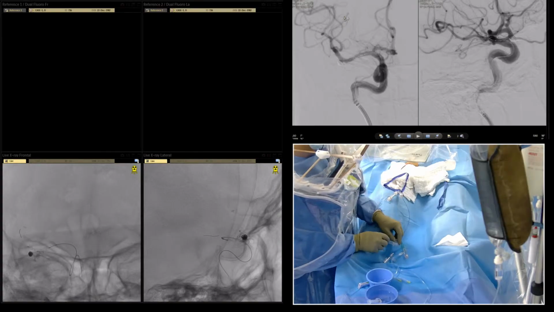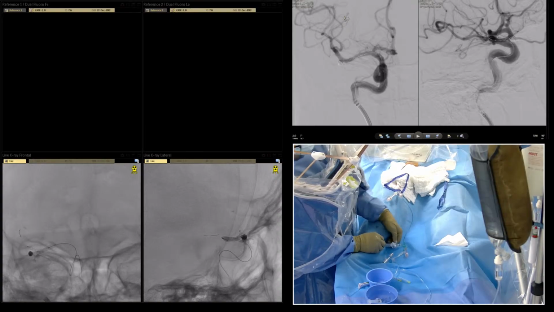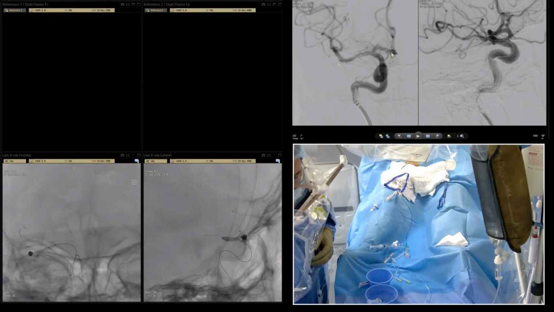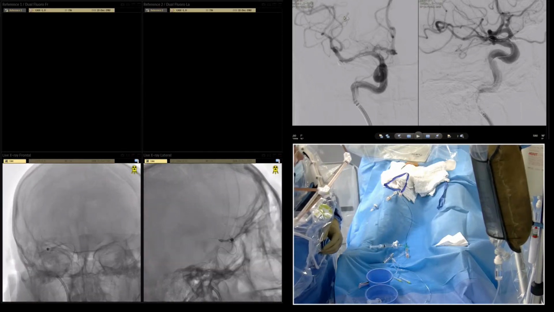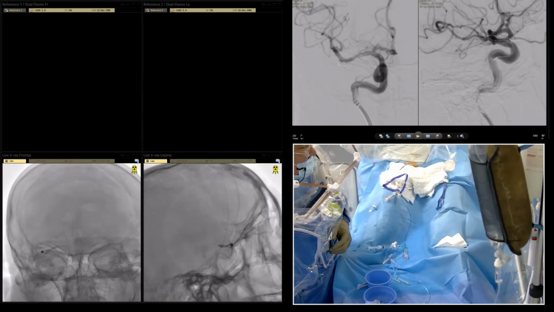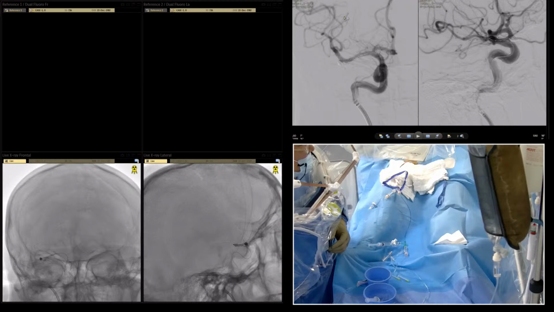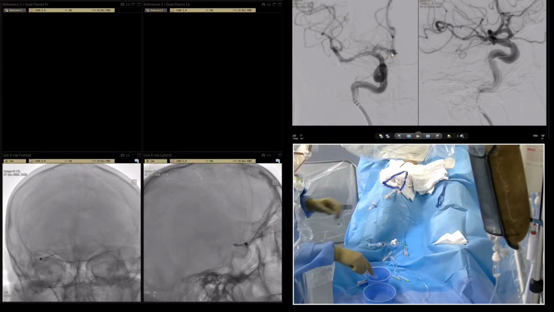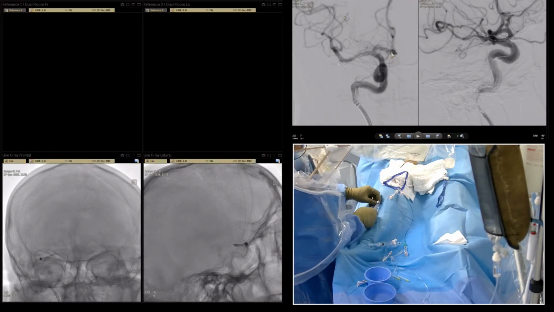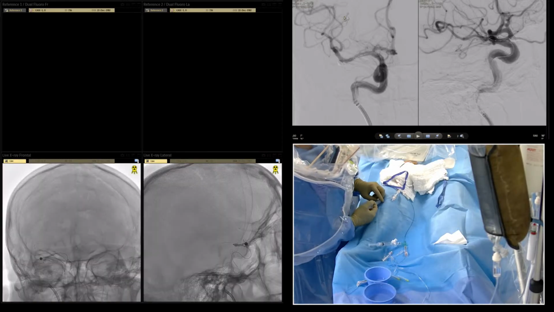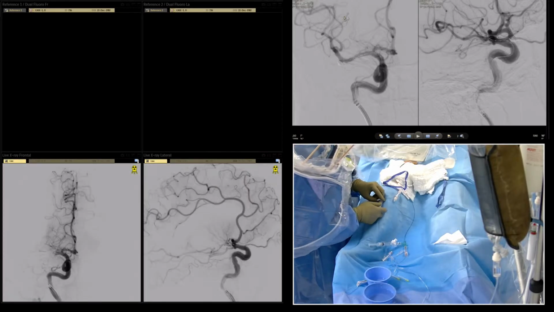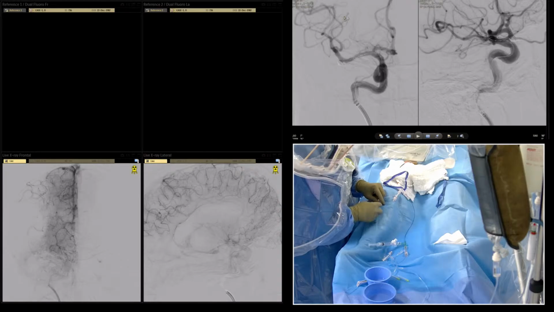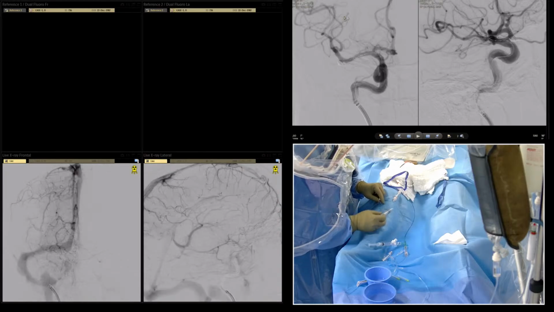Okay. At this point, we can do balloon test occlusion, and we can check the territory of the frontal branch. Okay. Yes, the collateral is coming, yeah?